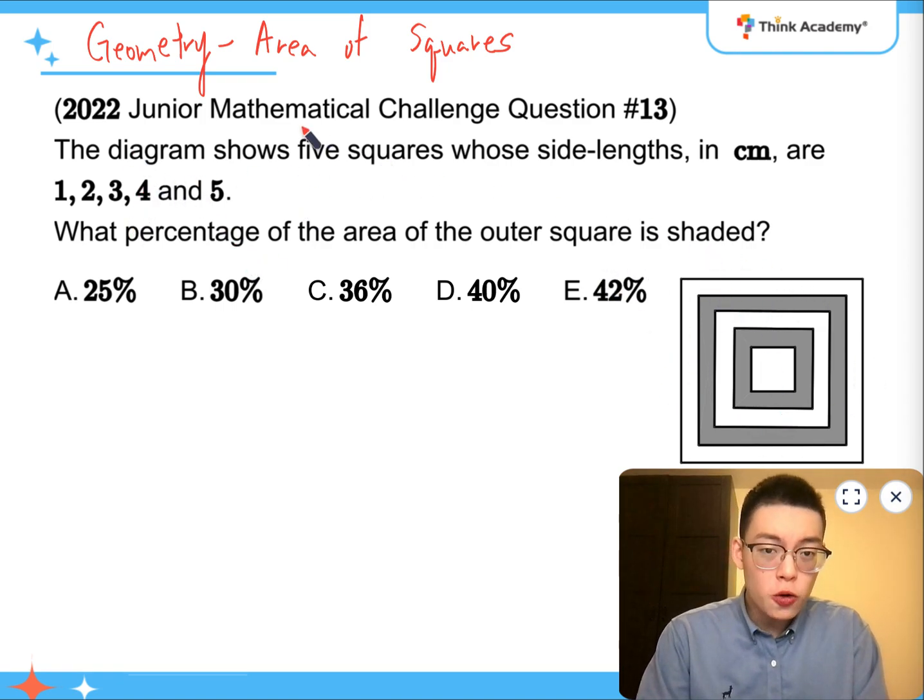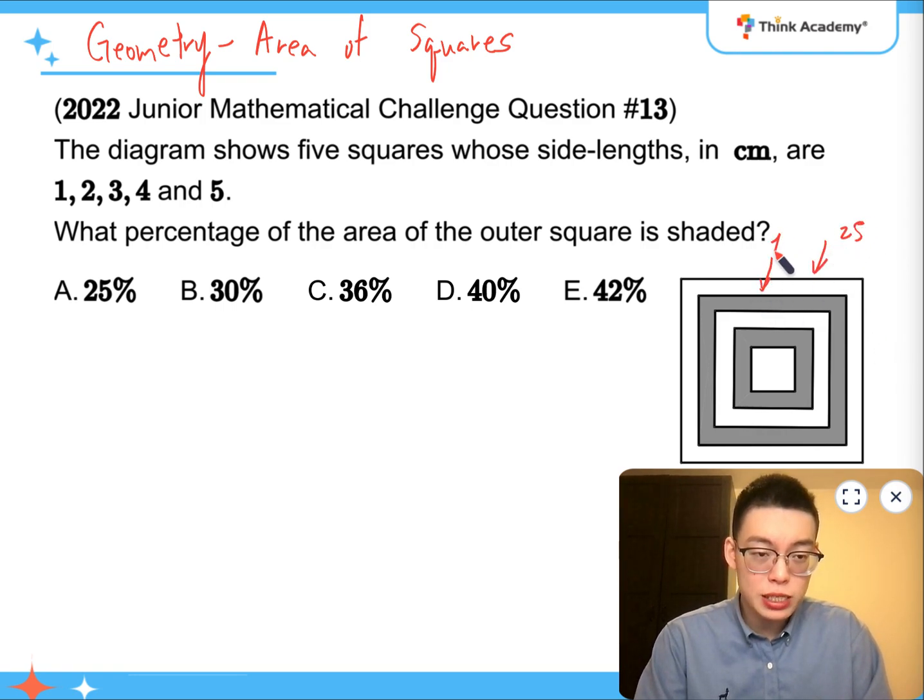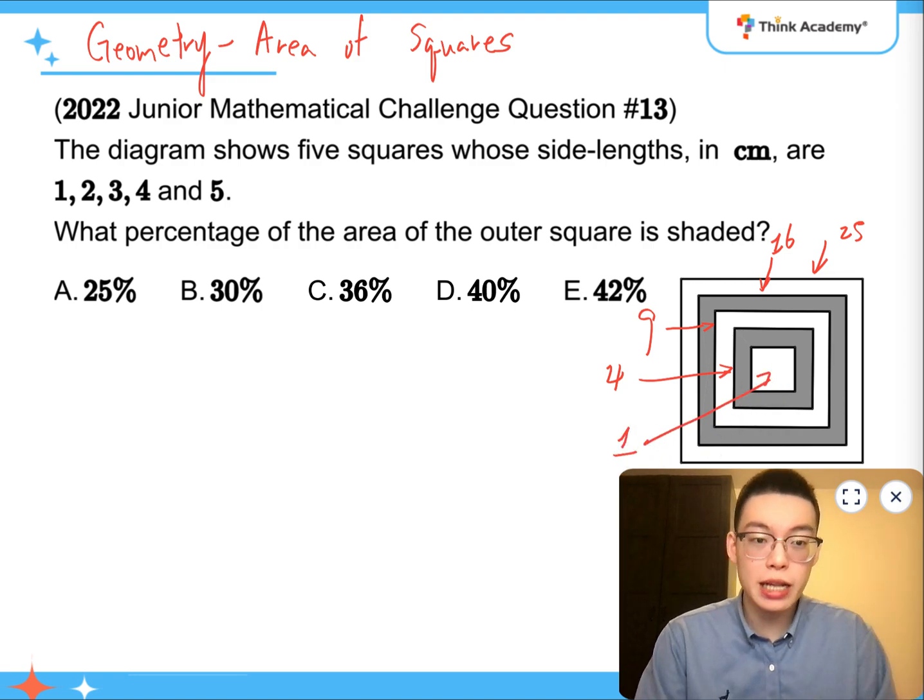We already know the side lengths of the 5 squares, which means I also know the area of the 5 squares. The largest one is 25, second largest one 16, third largest one 9, fourth largest one 4, and the smallest one is 1. So what's the shaded area?